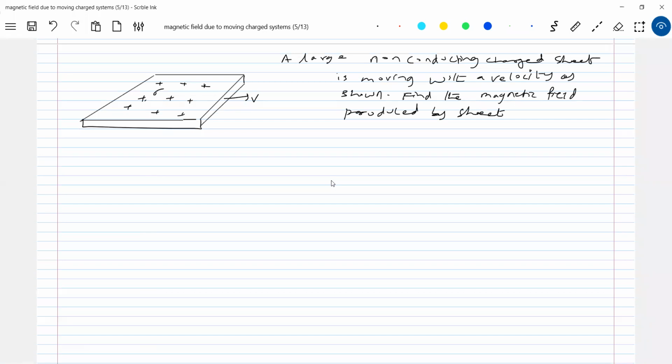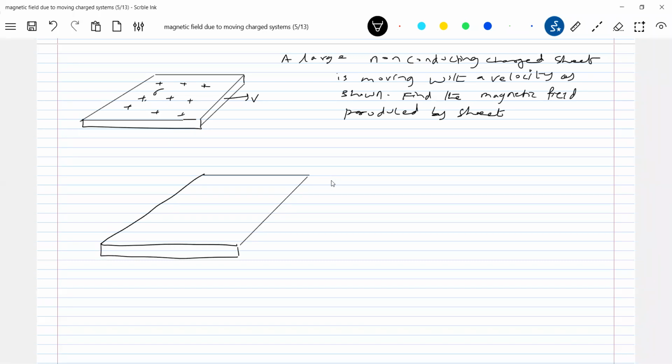So we have to determine the field due to this one. So the assumption will be taken like this. Good conceptual questions will be asked in this section. You be careful. This is the last part of the syllabus, where some very good conceptual things can be analyzed.